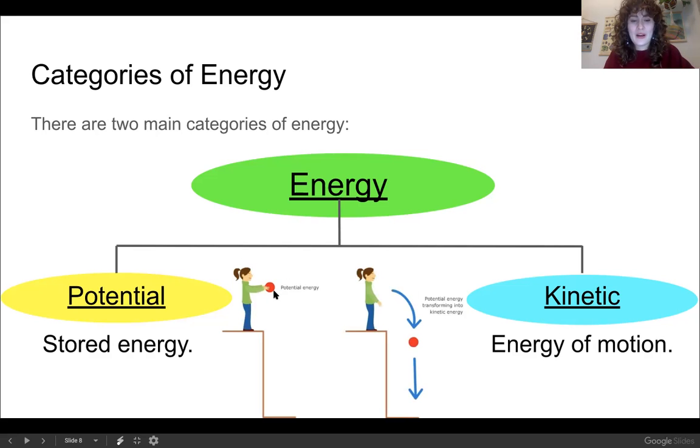Holding it up here is storing that energy, which is then released as it falls to the ground. Storing the energy, holding it, that's potential energy. The ball has energy just because she's holding it up. Dropping, letting go of that ball, causes it to fall and move. Since it has motion, that's kinetic energy.